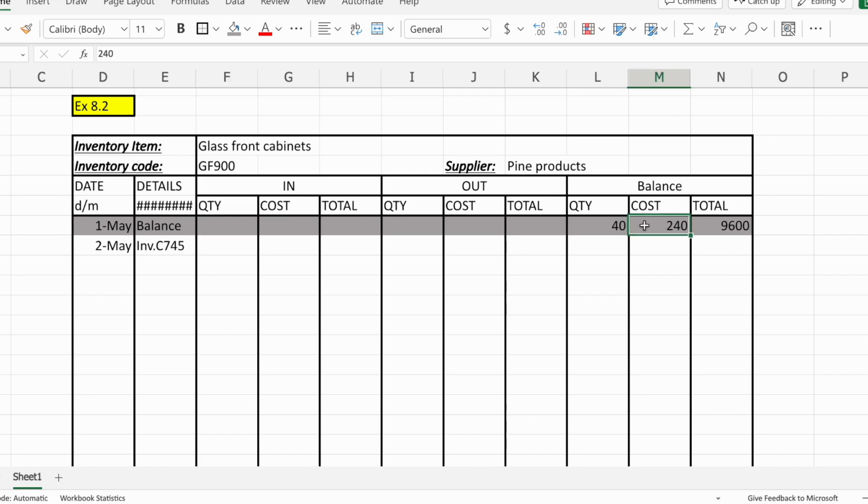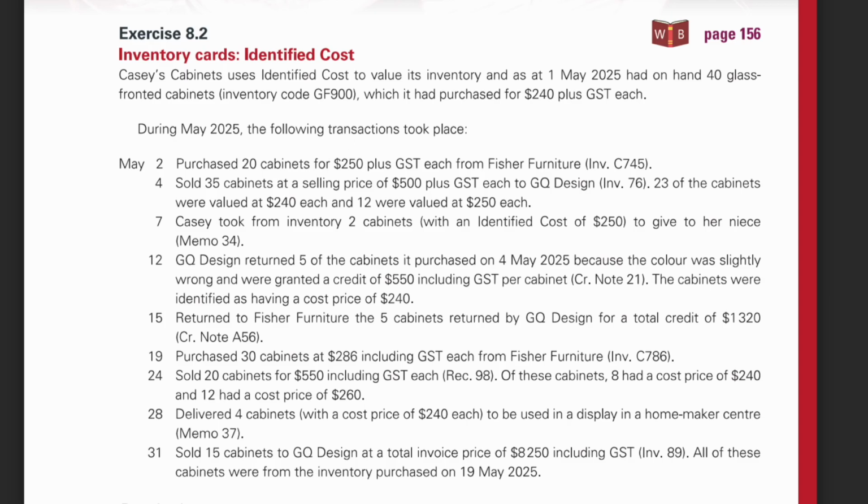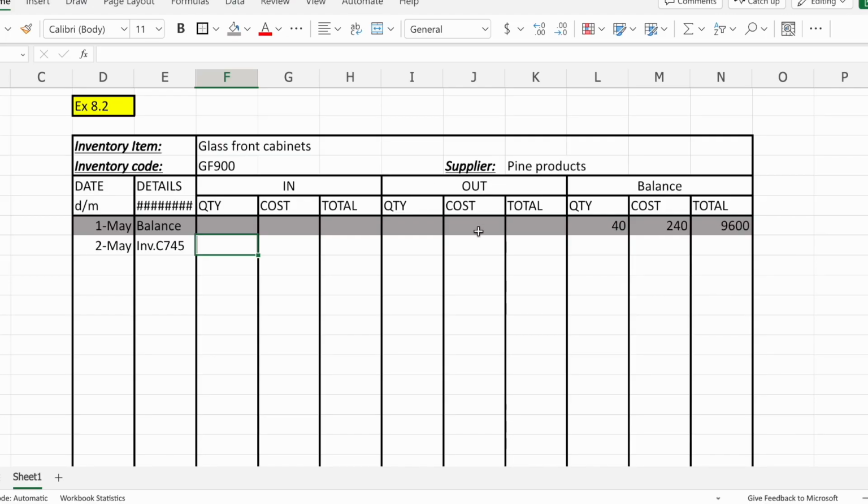The first initial inventory was the $240 one, but now there's an addition of the $250 one. So we record the balance of the previous one that was already in the business. We record this as it is.